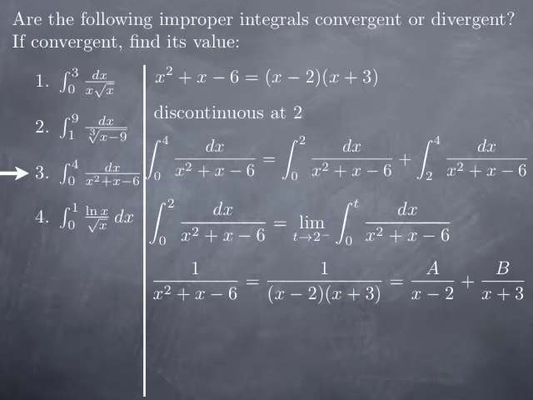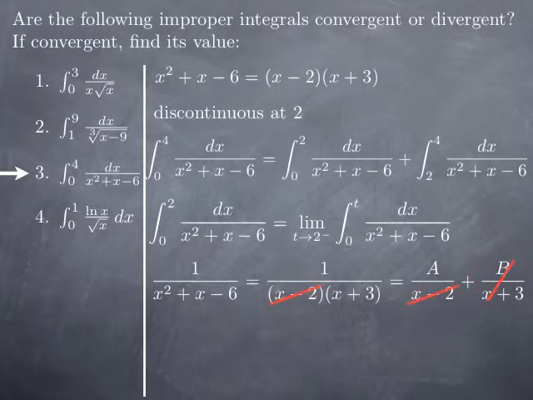These are non-repeated linear factors, so we know that the form of the decomposition into partial fractions is just a over x minus 2 plus b over x plus 3, and in that case we can use the cover-up method to find the coefficients a and b. For instance, to find a, we can multiply everything by x minus 2 and then plug in x equal 2.